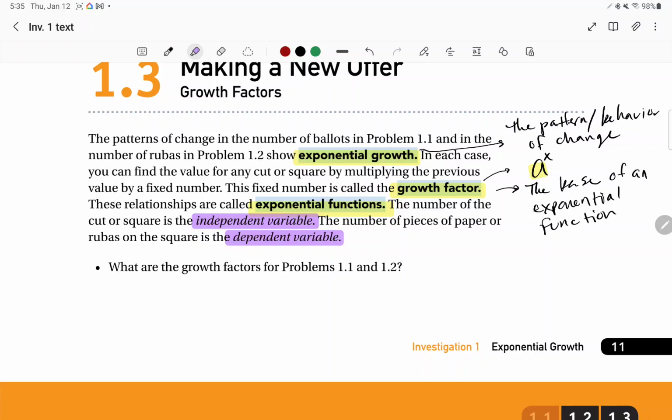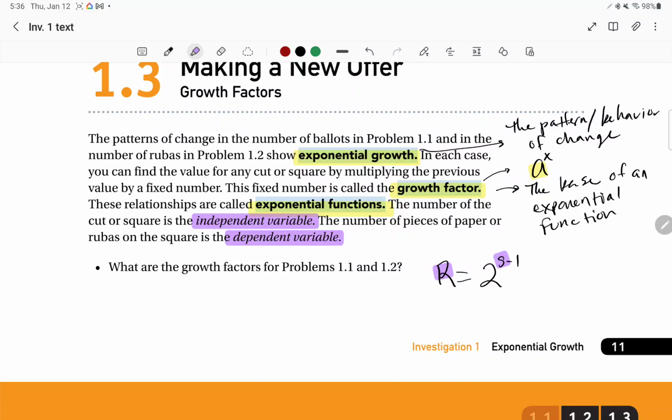Right, so for example, the chessboard, how many rubas you have depends on which square you're on. For cutting the paper, how many pieces of paper you have depends on how many times you've cut that paper so far. So make sure you're able to determine the dependent and independent variable. So for example, here is our example for the rubas, where R represents the amount of rubas and S represents which square you're on.